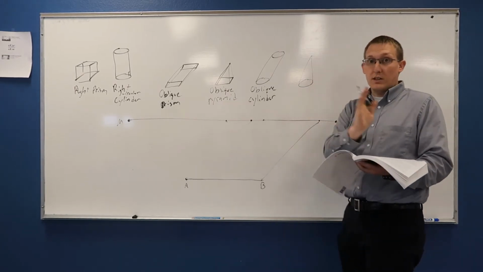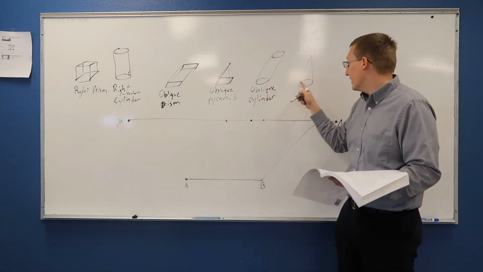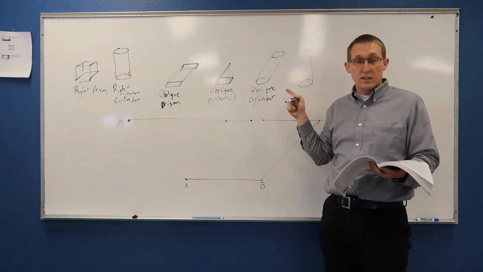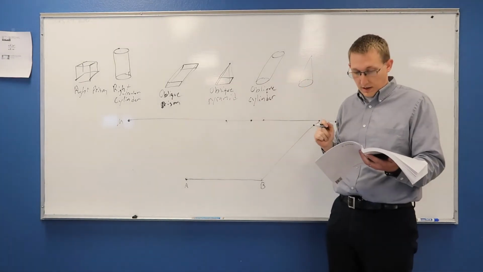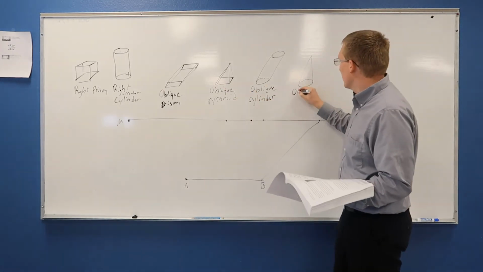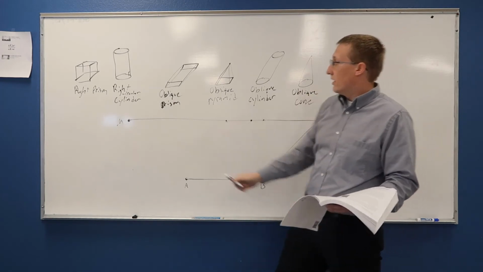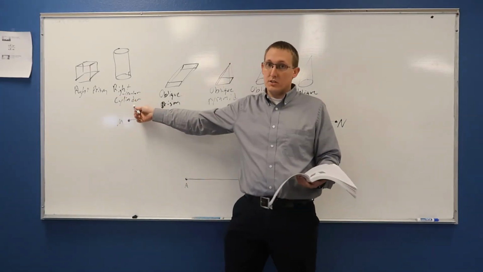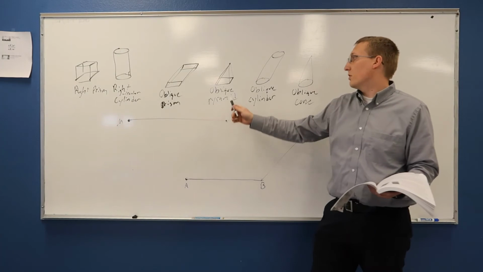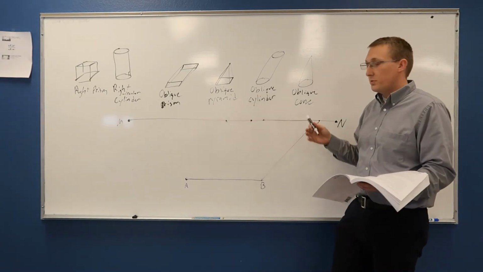This would be an oblique cone, where that top point is not over the center of the base. Okay. So, oblique cone. All right. Right prism, right circular cylinder, oblique prism, oblique pyramid, oblique cylinder, oblique cone.